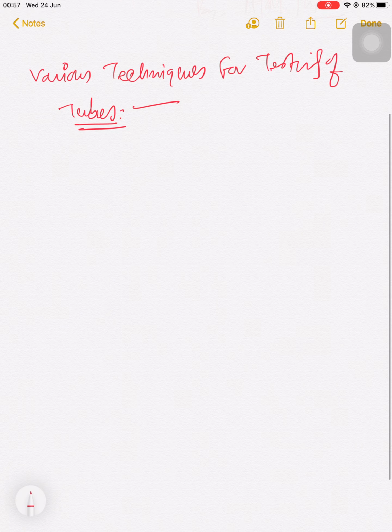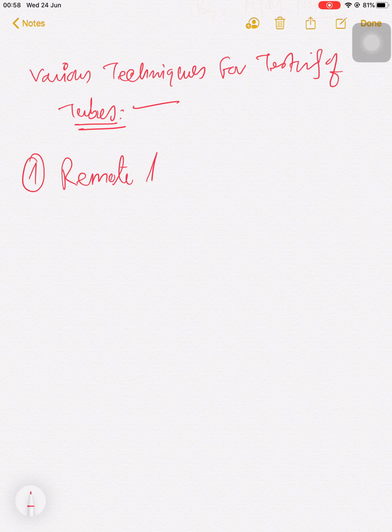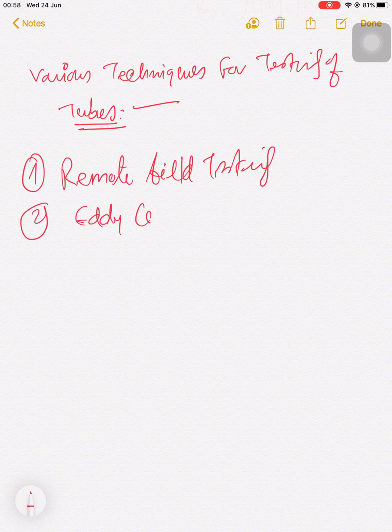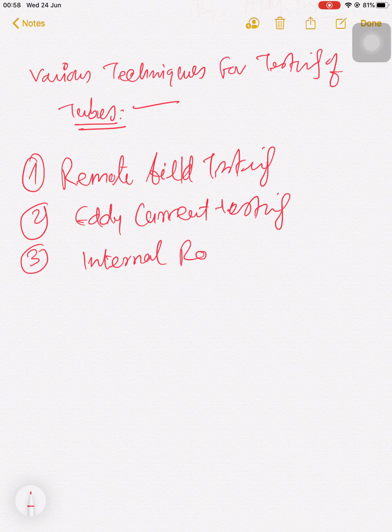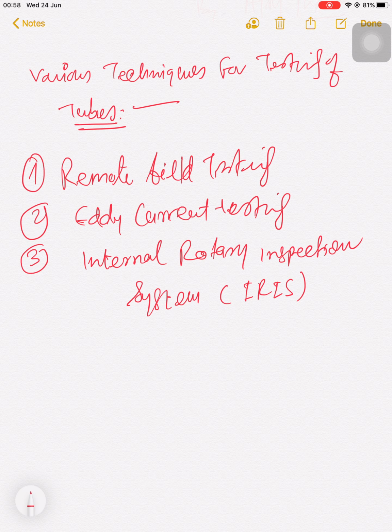So let's start. For the various techniques for testing of tubes, the first technique is remote field testing. Second is eddy current testing, and third is internal rotary inspection system, also known as IRIS.